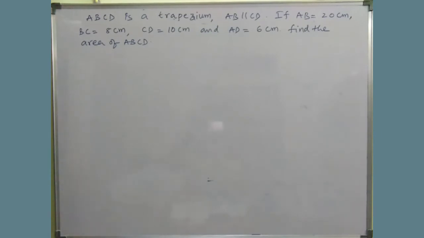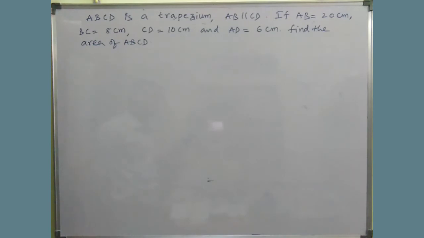So look at this question now. ABCD is a trapezium. AB is parallel to CD, and the length of side AB is equal to 20 centimeters. BC is equal to 8 centimeters.